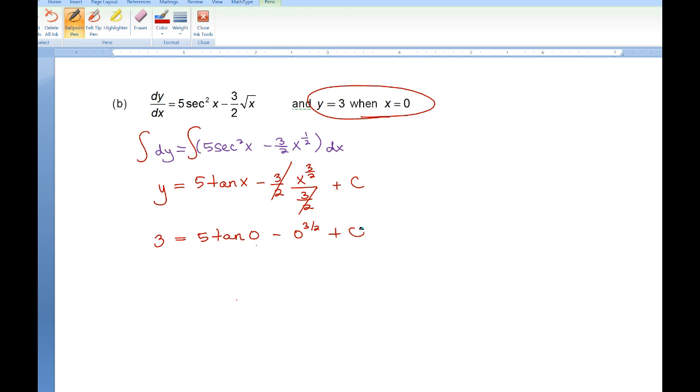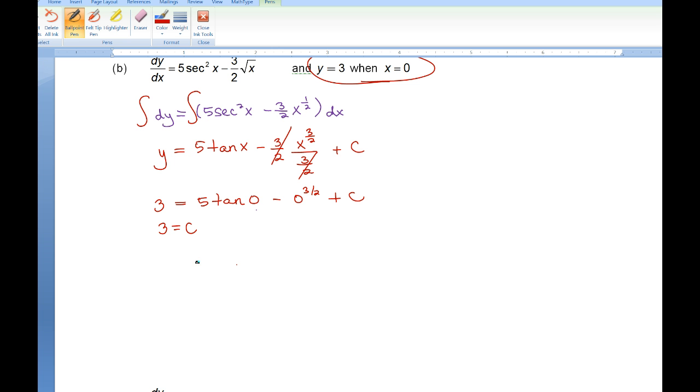What's tangent of 0? Tan of 0 is 0. So c is equal to just 3. Basically, these terms all go away.